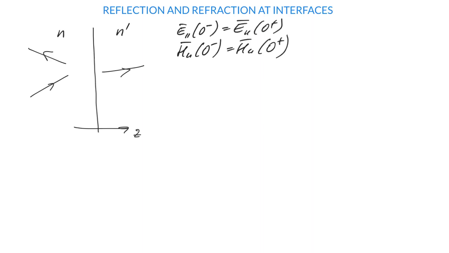Now we notice that we can separately consider two different polarizations of the incident beam because of this boundary condition.